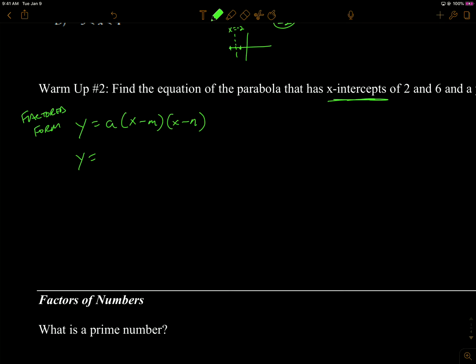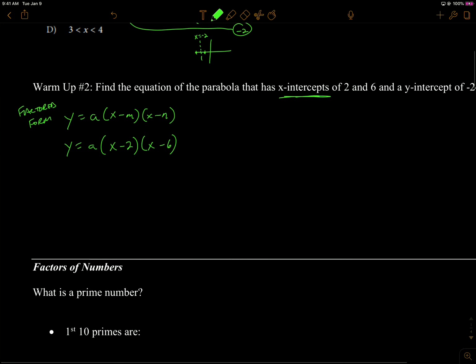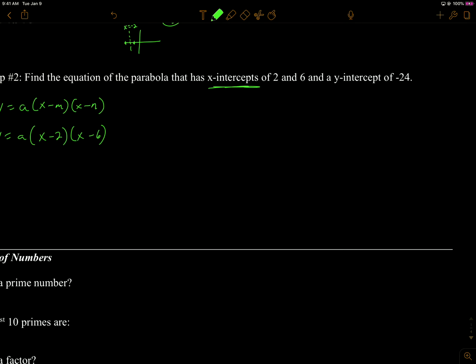I don't quite know what a is yet, but I know my x-intercepts, they go here: y = a(x - 2)(x - 6). And now if they tell me the y-intercept is -24, that means I have another point besides the x-intercepts on the graph, and that's going to be (0, -24).